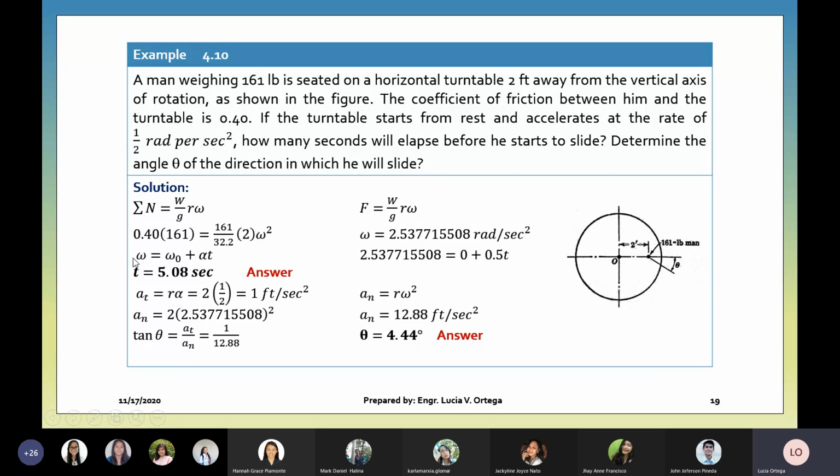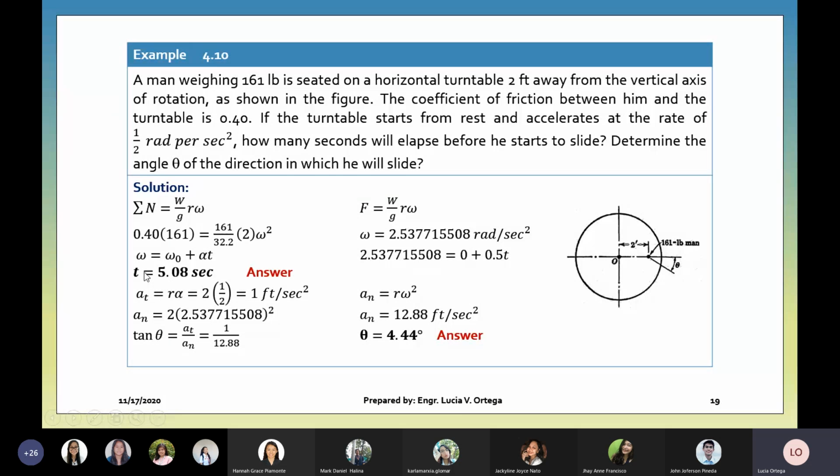So the other equation: the final angular velocity is the initial angular velocity plus alpha times time. Given alpha, 1/2 radians per second squared. Initial velocity is 0. So given the final angular velocity, we can solve for time.